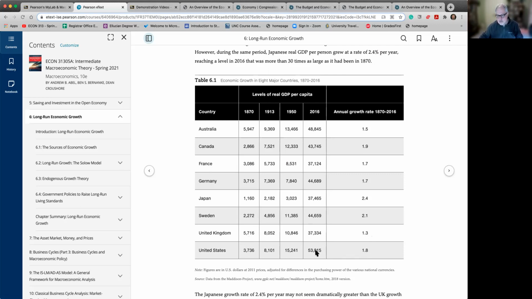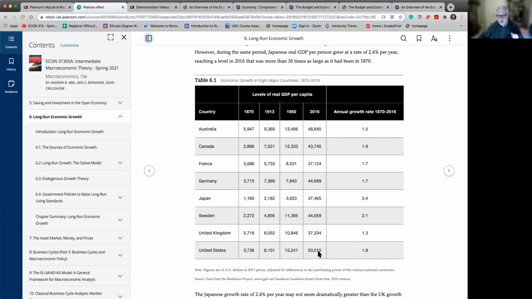And so what's the lesson that we take away from that? Even small differences in growth rates can lead to big differences in standards of living over long periods of time, right? So how fast a country is growing, even a 0.5 percentage point difference, can matter over long periods of time in terms of the real standard of living for future generations and the real standard of living for a country relative to other countries over a long period of time.